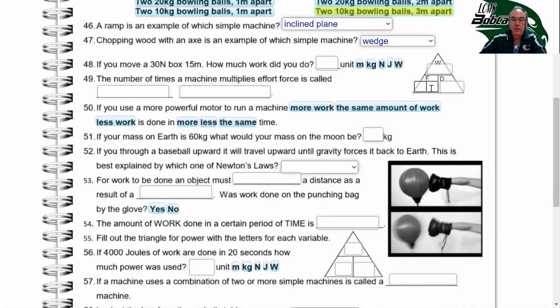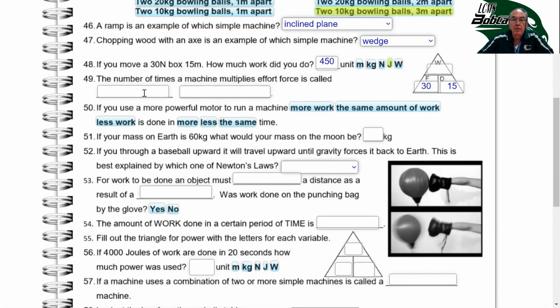Well, it tells us the force is 30 newtons, and the distance we moved it is 15 meters. When the numbers are on the bottom together, we multiply. So 30 times 15 is 450. And the unit for work: meters is distance, kilograms is mass, newtons is force, joules is work.